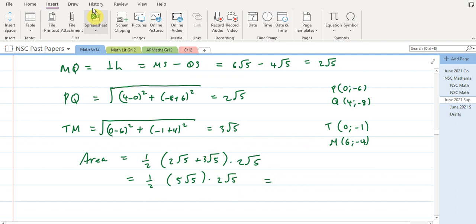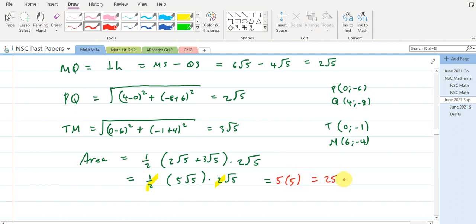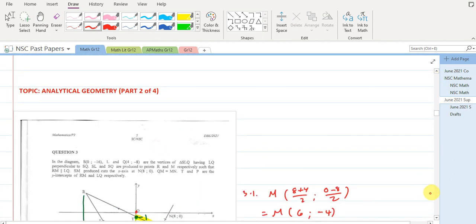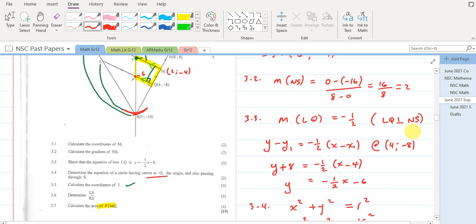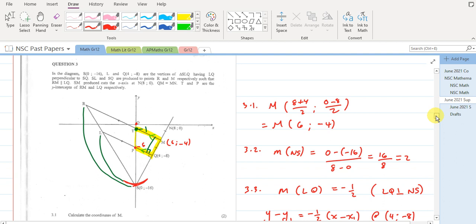We can clearly see that some things cancel out: the 2 and the half cancel, and we are left with 5 times root 5 times root 5, which is 5 times 5, equal to 25 units squared. And that's perfect. That completes this question, which is question number 3 for 19 marks.